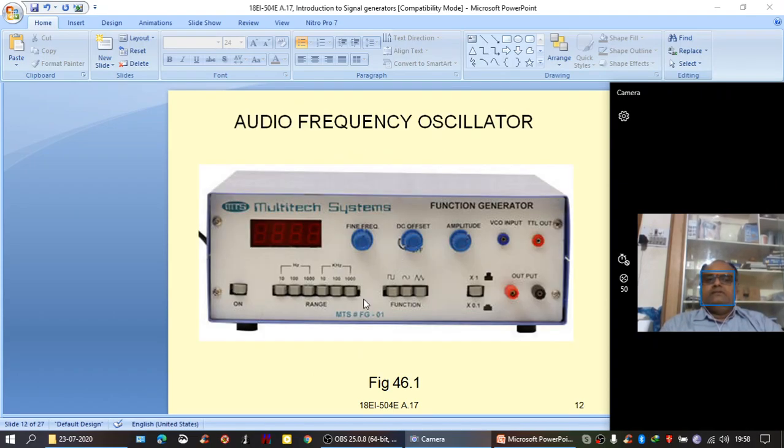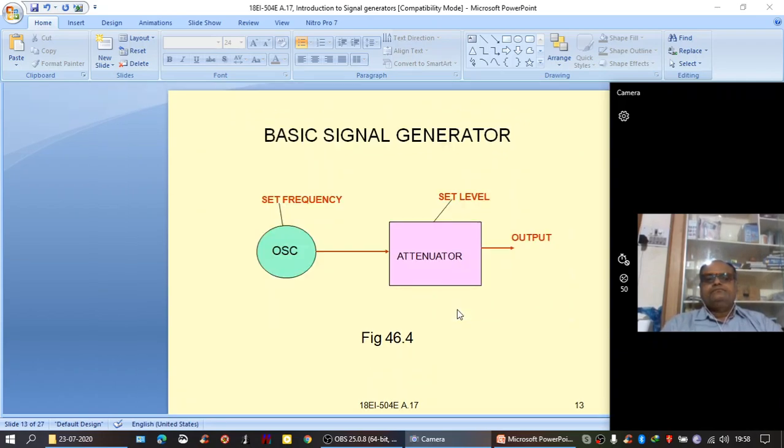Just like this amplitude selection with this amplitude range knob. This entire portion is frequency portion, and this portion is amplitude portion. And the combination of these two produces known amplitude, known frequency, variable amplitude, variable frequency, variable shape output signal.